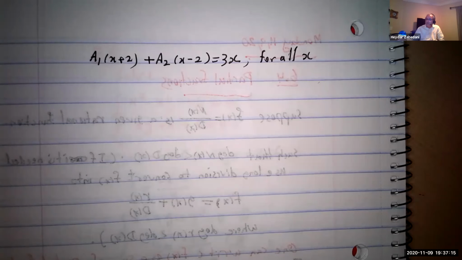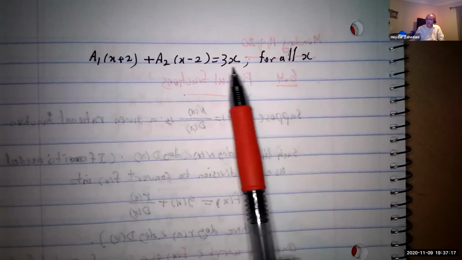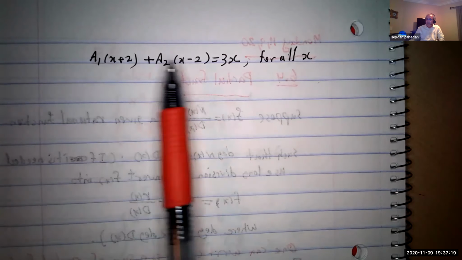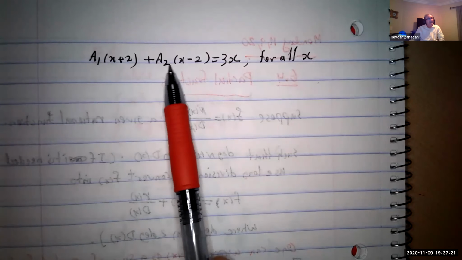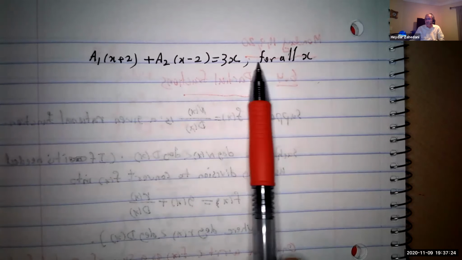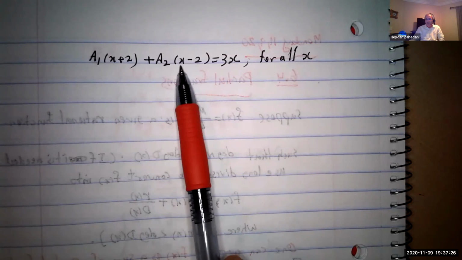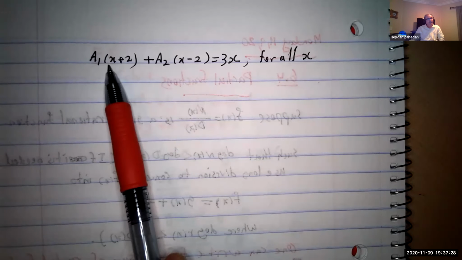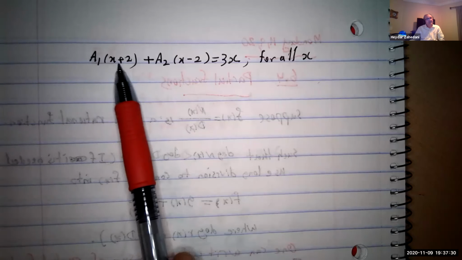So pick numbers that get rid of one term right away. If you put x equal to 2, this would be 0, so quickly we can find the other one. If you want to get rid of the other one, you pick negative 2.